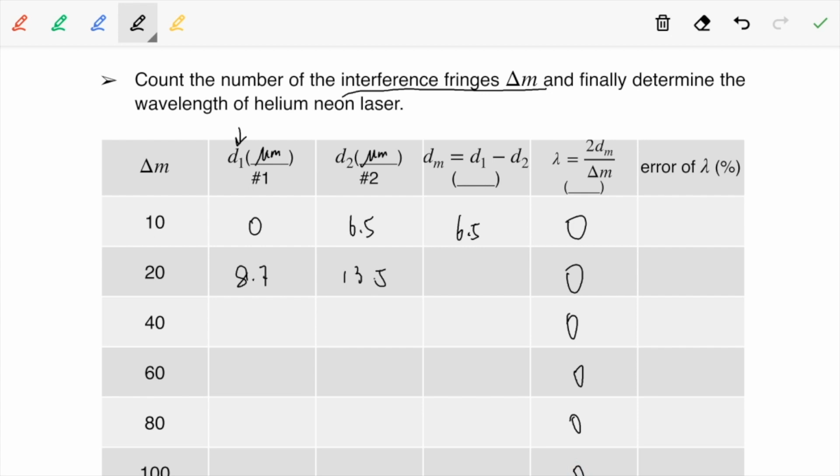Finally, you need to calculate the error of the lambda.